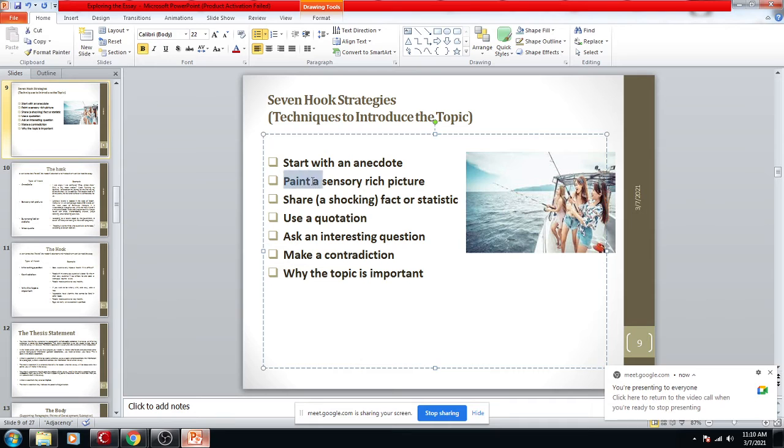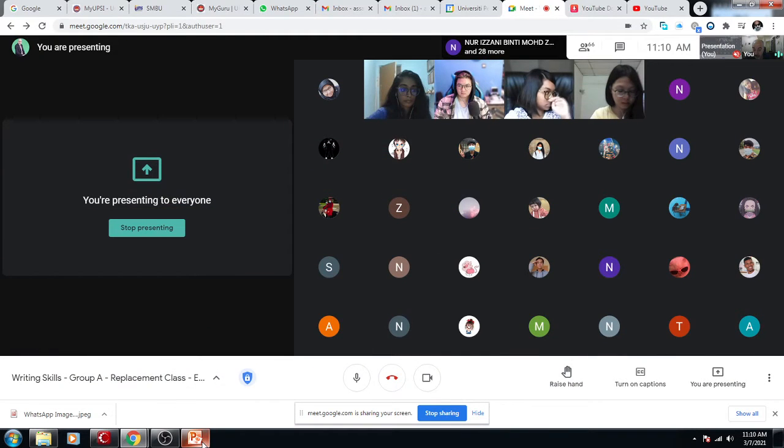Paint a sensory rich picture, and I'm using the word paint here deliberately, consciously. Use rich, vivid imagery. It's as though the reader is not reading, but looking at a picture. So with words, you are painting a picture. This can be a hook.